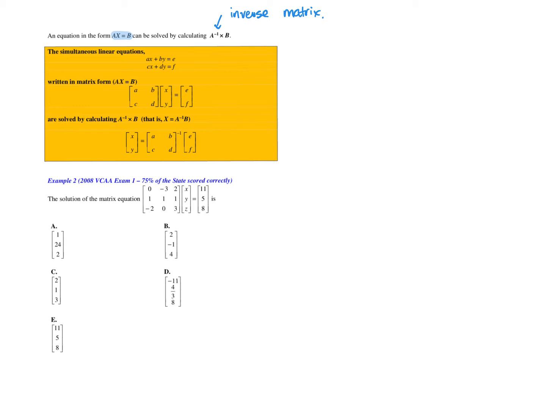If you have to show the matrix equation used to solve, then you will have to show it in this setup.